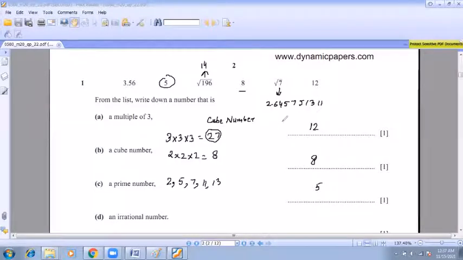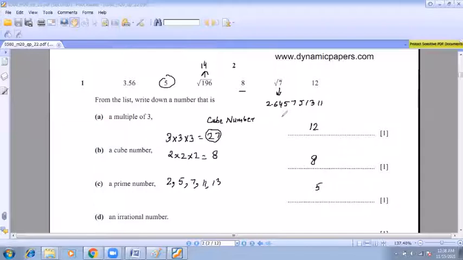It means this number is non-recurring, non-terminating, and basically when prime numbers come inside the square root, they define irrational numbers, which are not possible to write in fraction form.